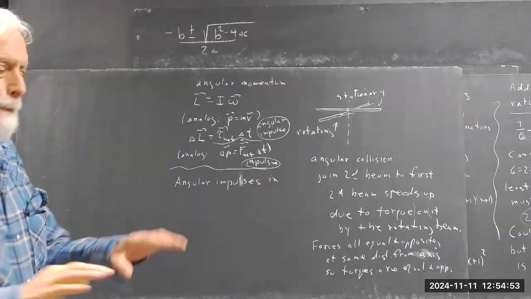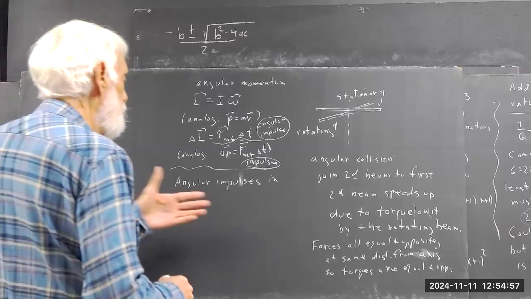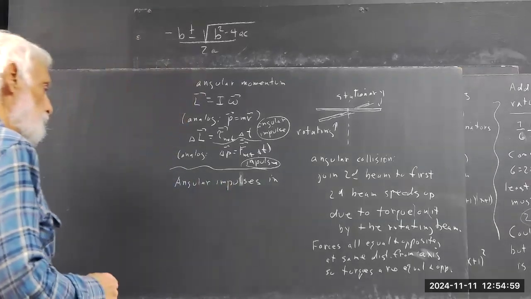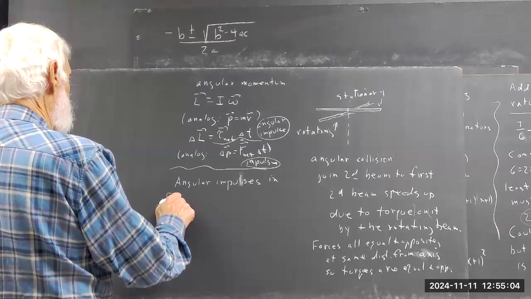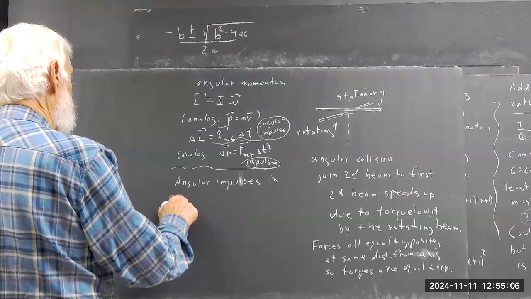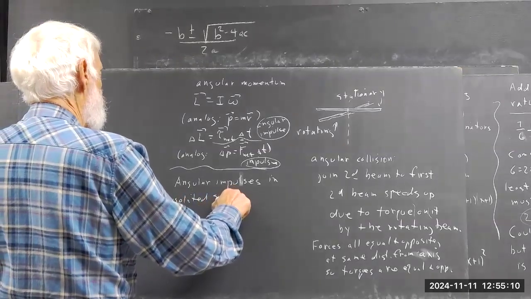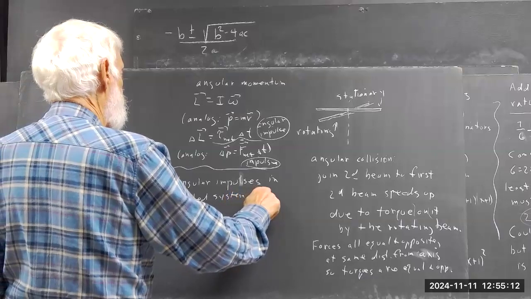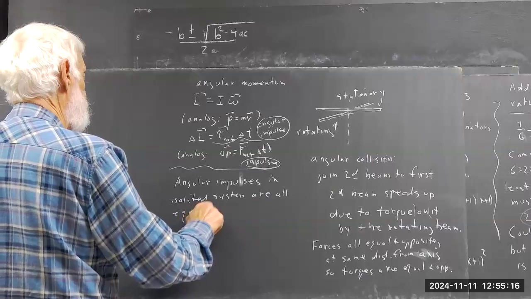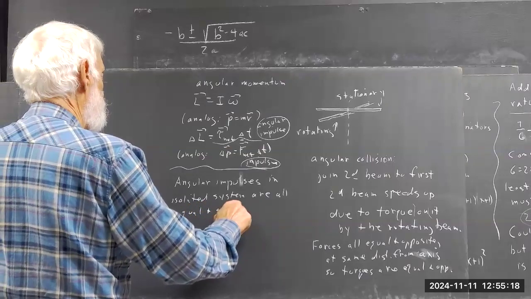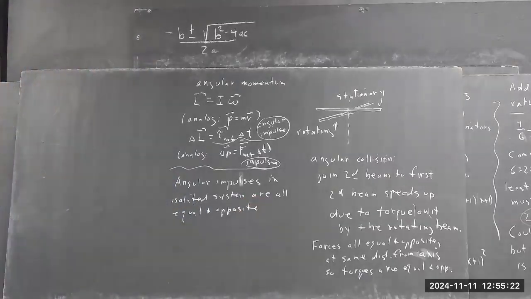Again, I'm not making a precise statement here. If you read the book, it's a precise statement, but I'll comment to make it a little more precise. But anyhow, angular impulses in an isolated system are all equal and opposite.